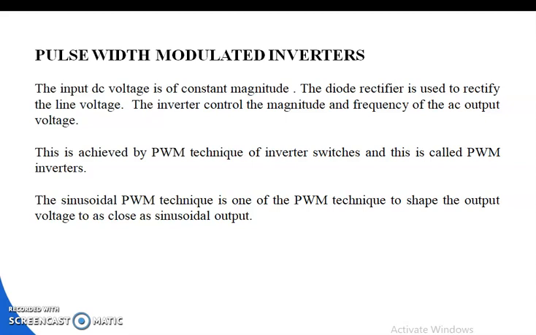The diode rectifier is used to rectify the line voltage. The inverter controls the magnitude and frequency of the AC output voltage. This is achieved by the PWM technique of the inverter switches, and this is called a PWM inverter or pulse width modulated inverter.